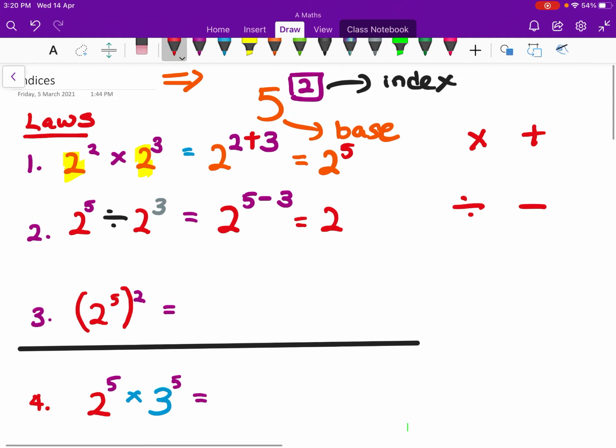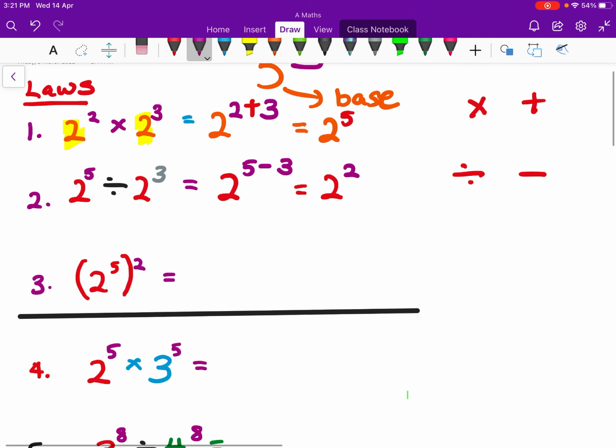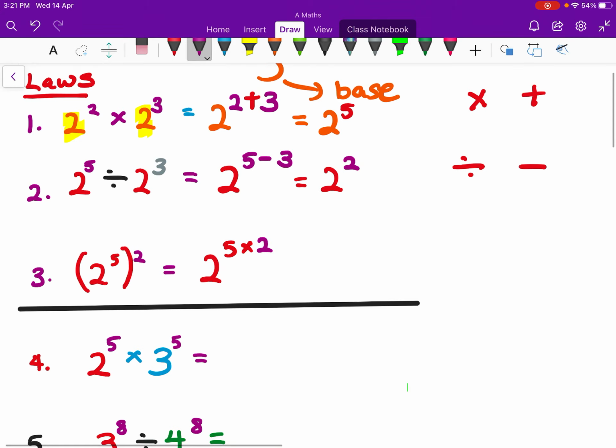For the third law, you can see we have brackets. 2 to the power of 5 is inside the bracket, and there's an index 2 outside. This one is quite straightforward: you simply multiply 5 by 2, so you get 2 to the power of 10.